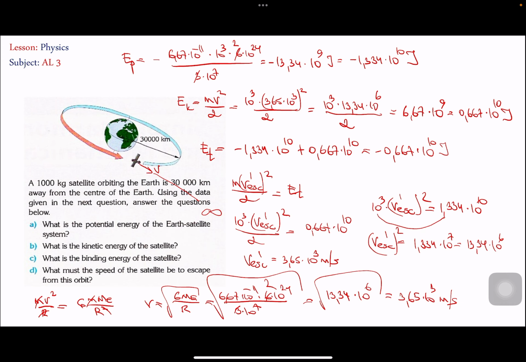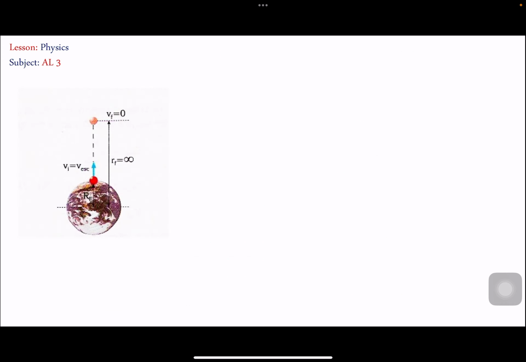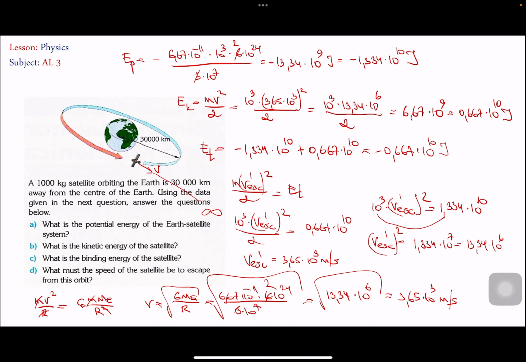So I hope that you understand. What we have to do is calculate the energy. First of all, the potential energy, with the minus sign, and then the kinetic energy. In order to do this, I have to equalize the centripetal force with the universal gravitational force so that I can find the speed of the satellite on that orbit.